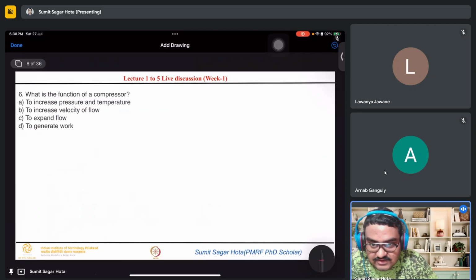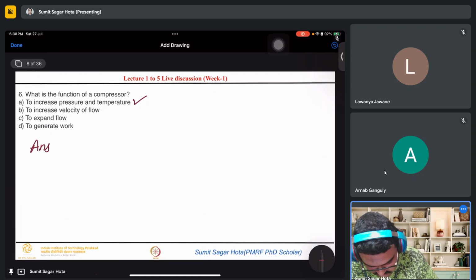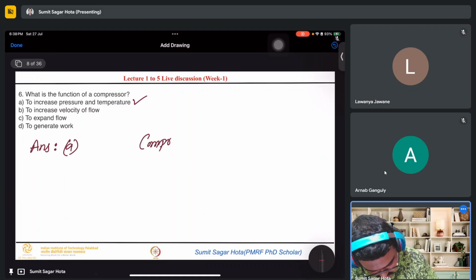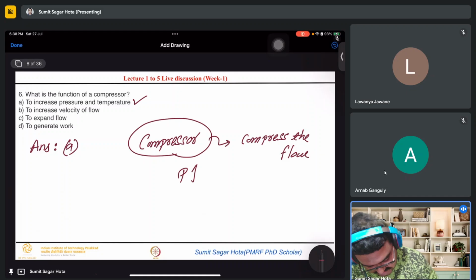Okay, now what is the function of a compressor? It's a very simple question. To increase the pressure and temperature, this is the first one. So what exactly does it do? It just compresses the flow, and in return the pressure increases and the temperature also increases.